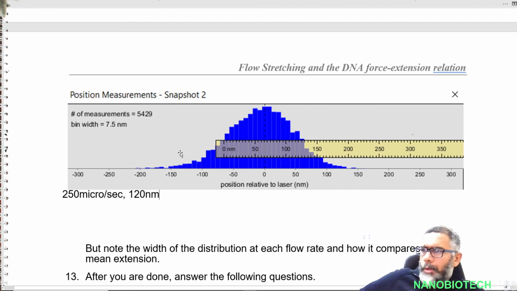As I said, what you measure is the width of this distribution from here to here, at the halfway point on the vertical axis between 0 and the maximum of the bars. Just measure the width there.